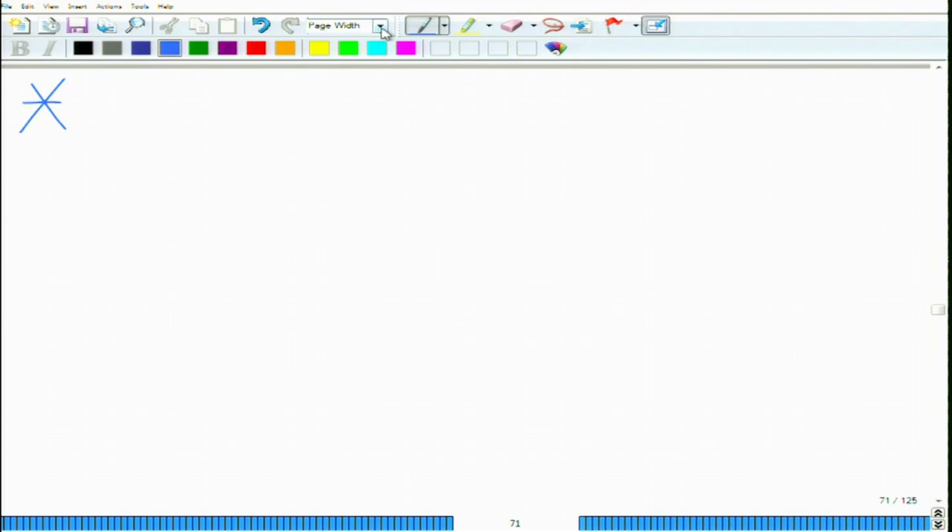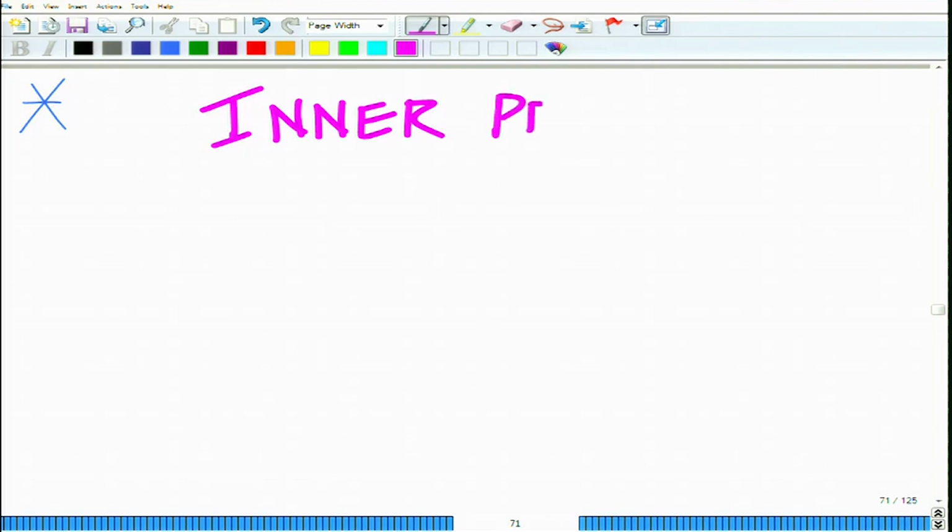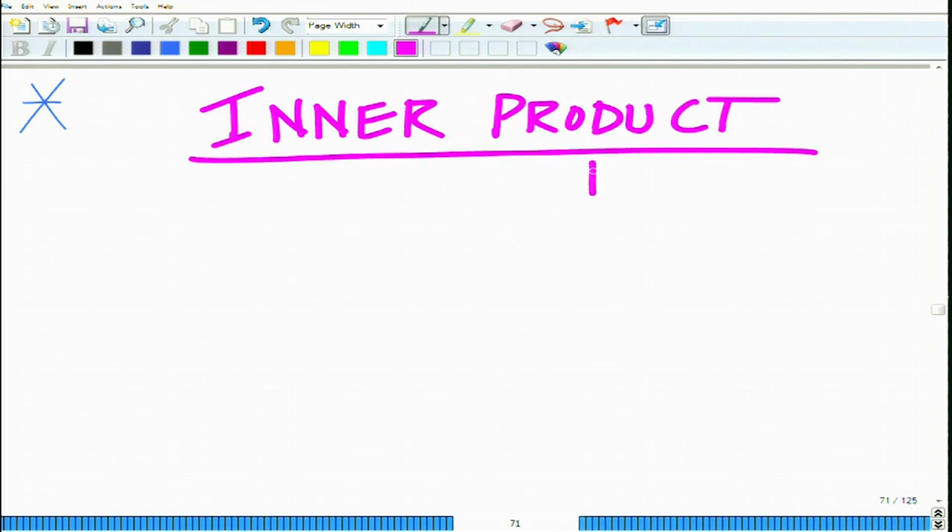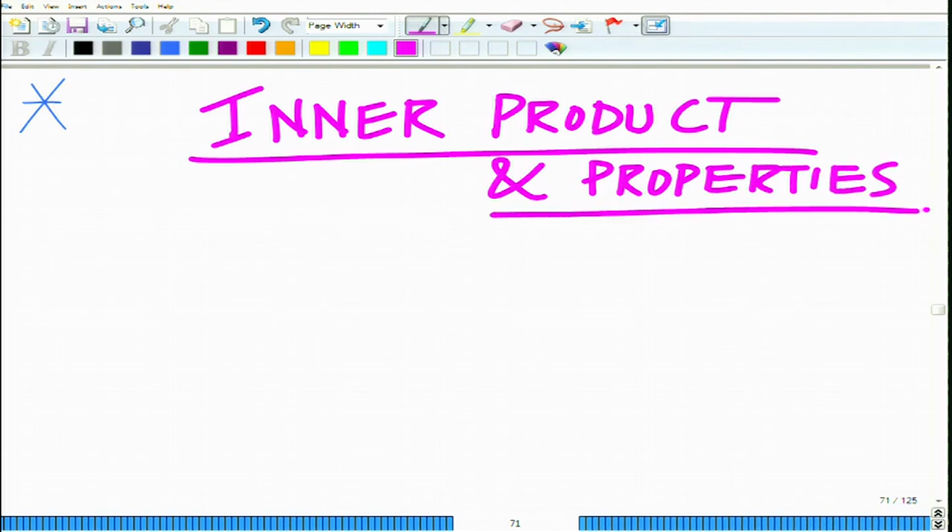So, what we are looking at is basically this concept of the inner product, the notion of an inner product, and the various properties of the inner product, okay.